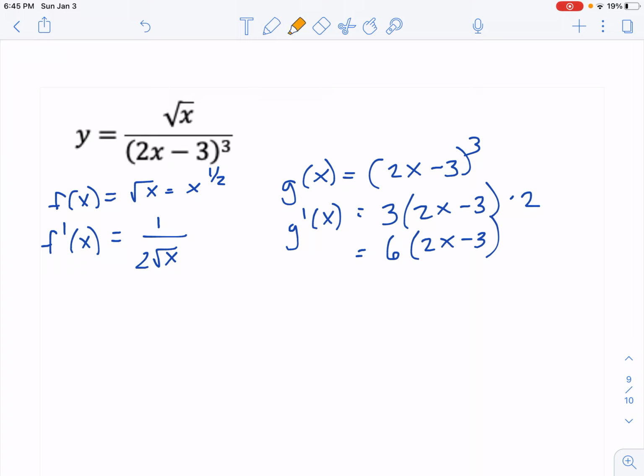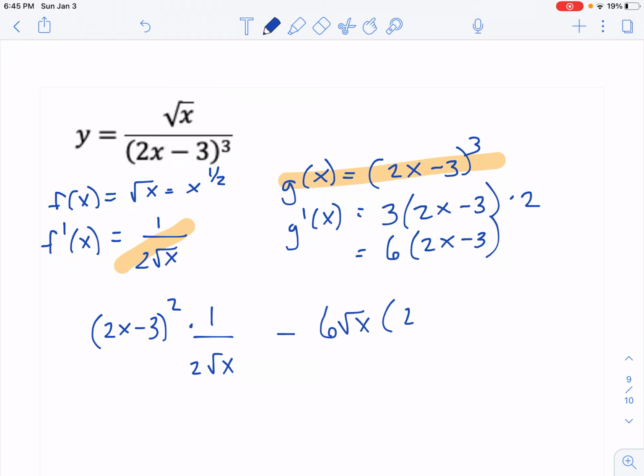Okay, so we have low d high minus high d low. Down below a square must go.